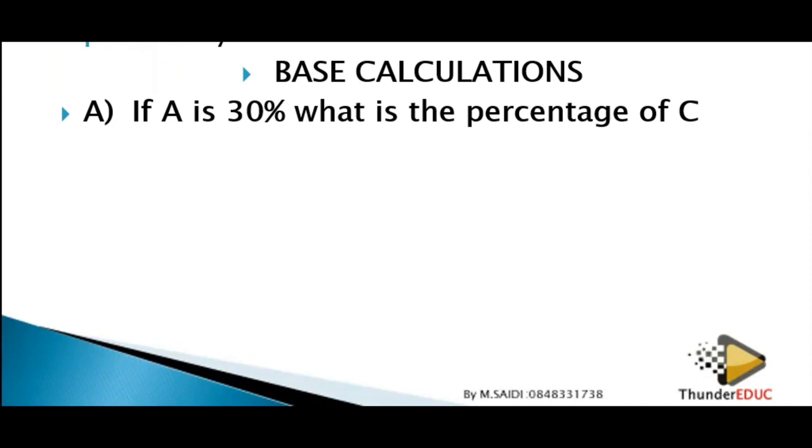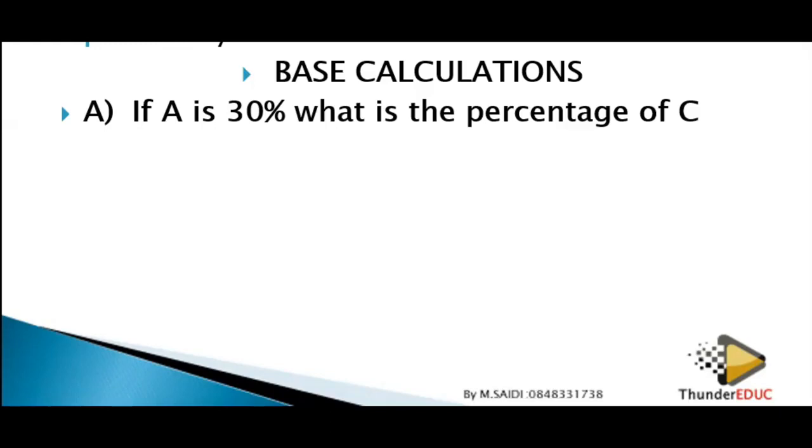So if adenine is 30%, definitely thymine is also 30%. If you add 30 plus 30, you get 60. The remaining percentage will be for cytosine and guanine. And remember, these two are complementary to each other. Therefore, if I divide by 2, then I get the individual percentage of guanine and cytosine.